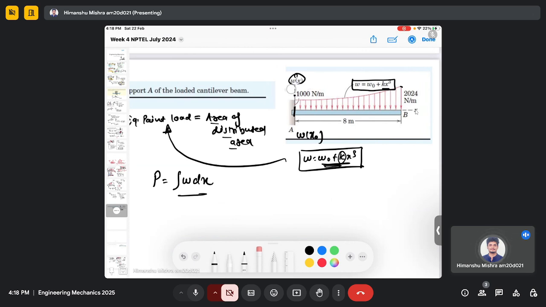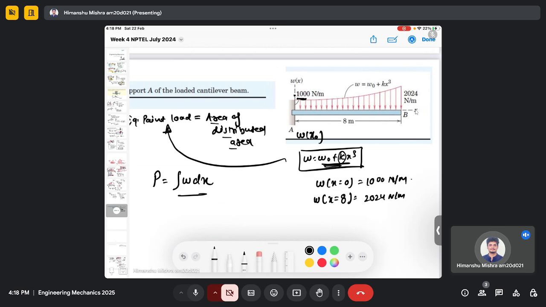What boundary condition means is that I can consider this expression at this point, because we know W at x equals 0 is 1000 Newton per meter, and I also know W at x equals 8 meter is 2024 Newton per meter.